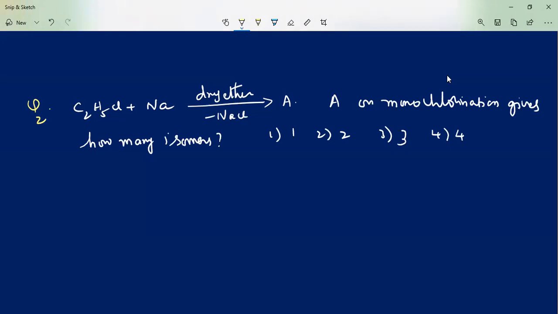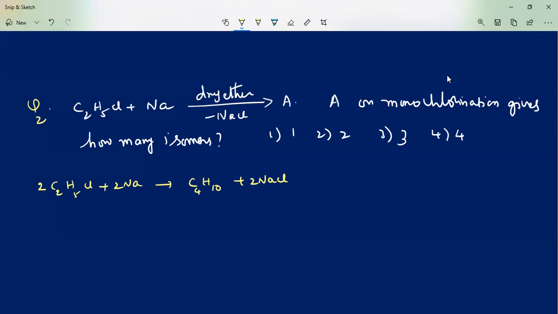Actually, this equation is Wurtz reaction. 2 moles of C2H5Cl with 2 moles of Na will give C4H10, n-butane, with the removal of 2 moles of NaCl in the presence of dry ether.